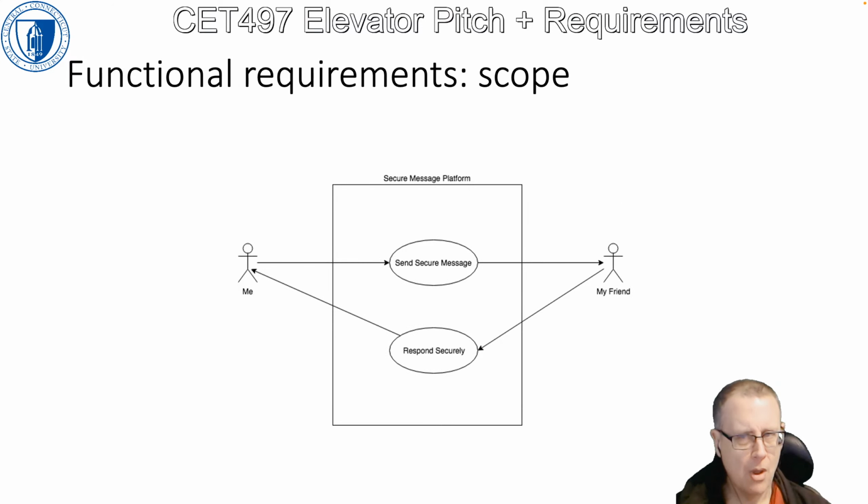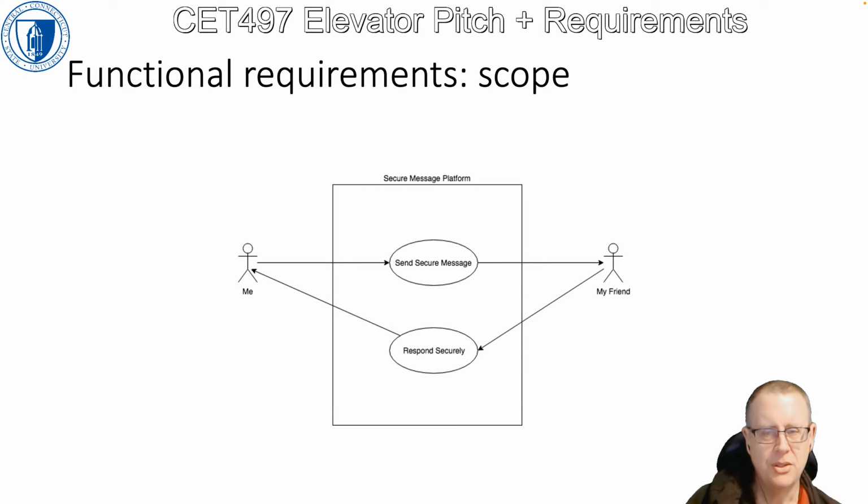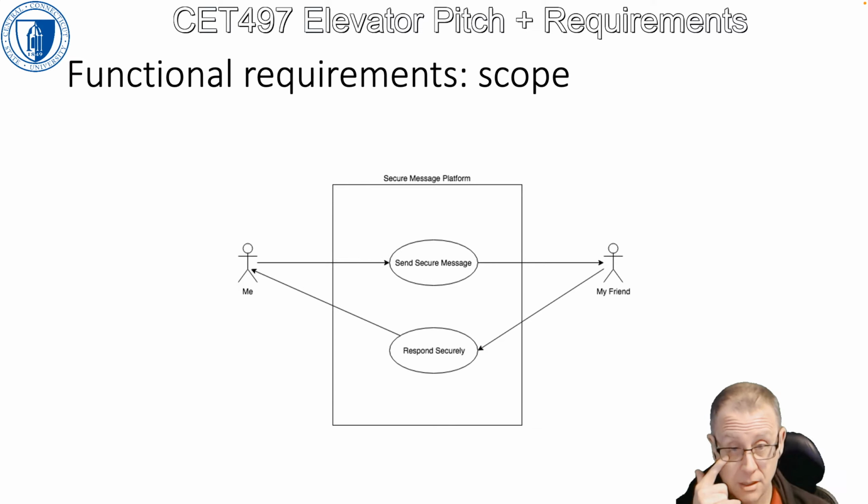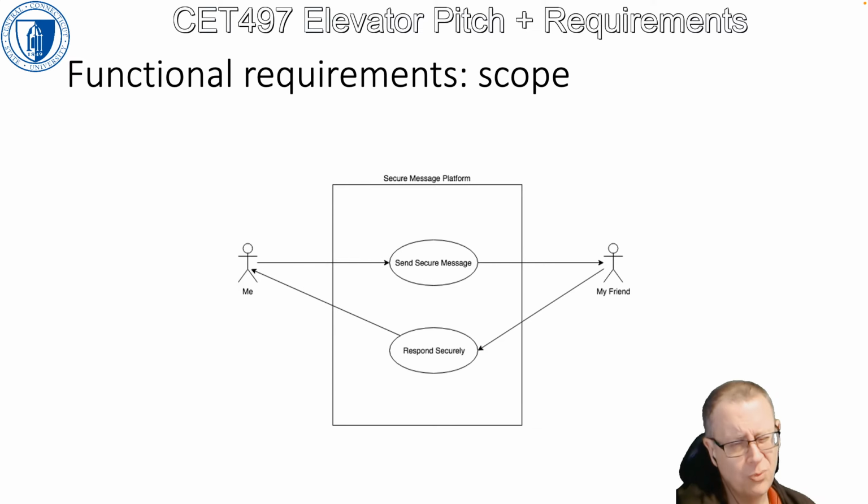So I quite like use case diagrams when it comes to the next step, fleshing out a little bit of those shall statements. And there's really four pieces to this diagram. The stick figures, the me and my friend, are what are called actors.